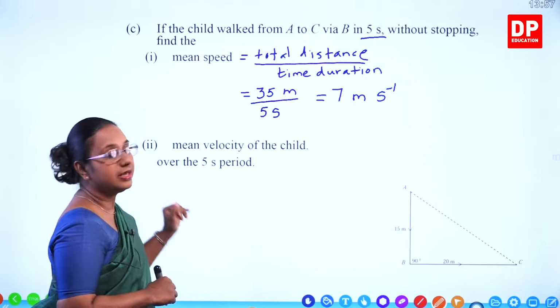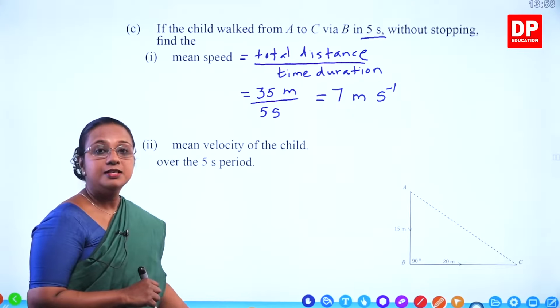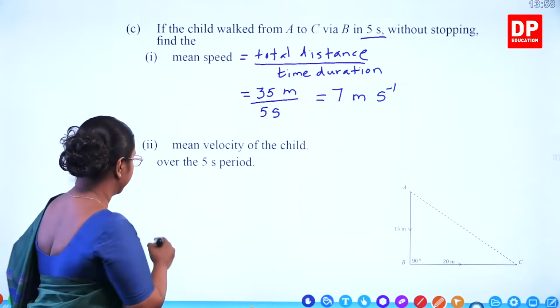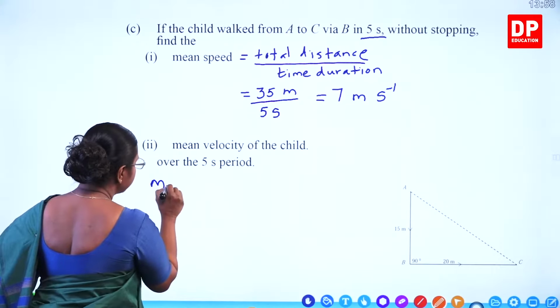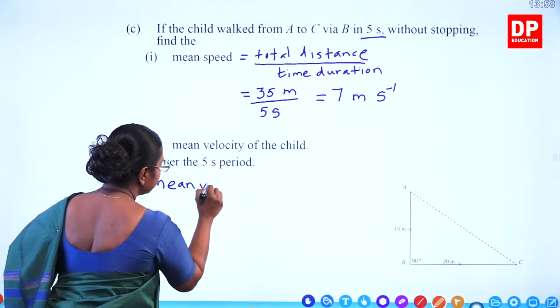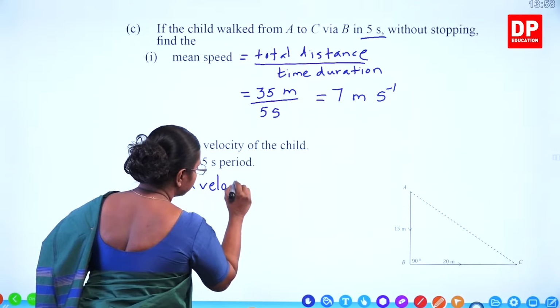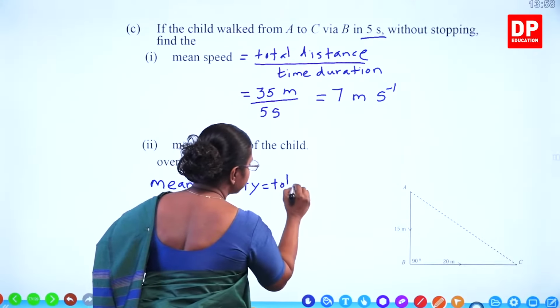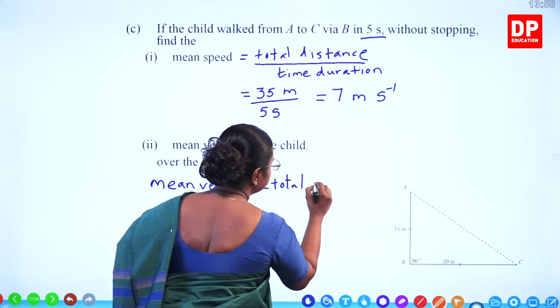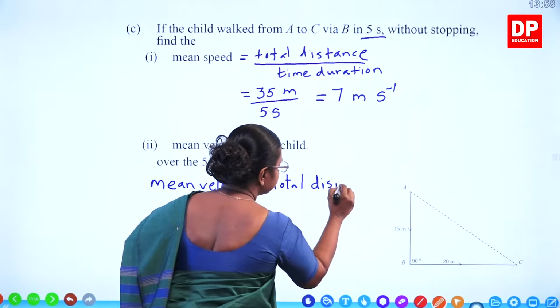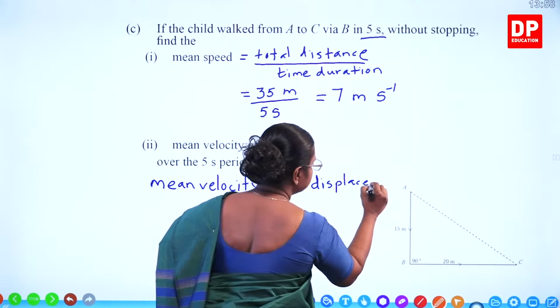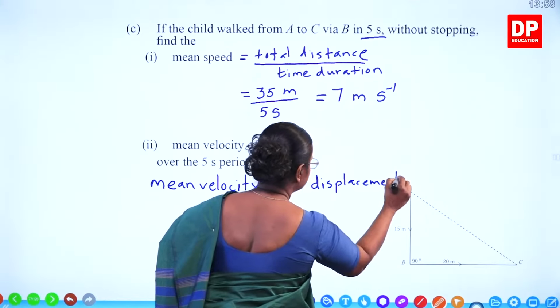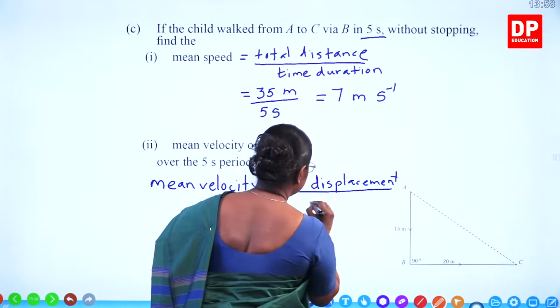So here we need to consider the displacement of the child. When we say mean velocity, it is the total displacement over time.